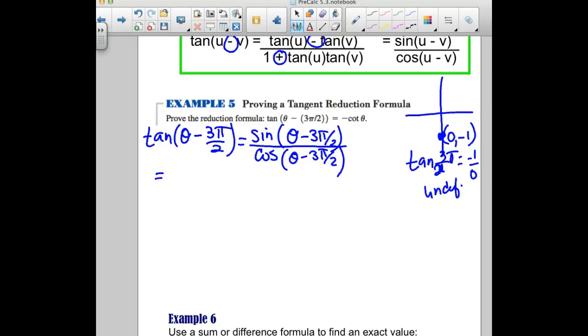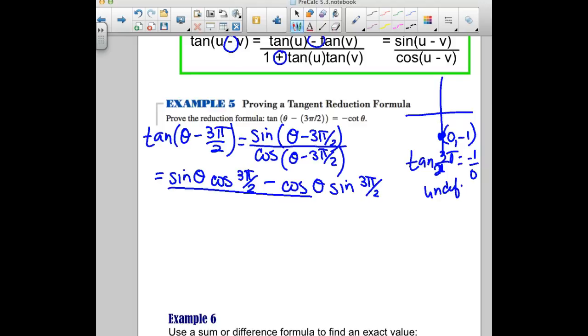Our sine formula for the difference of two angles is going to be sine of the first times cosine of the second. And then because it's a sine, the sign stays the same. So it's a minus, we're going to keep a minus. And then we have cosine of the first times the sine of the second.